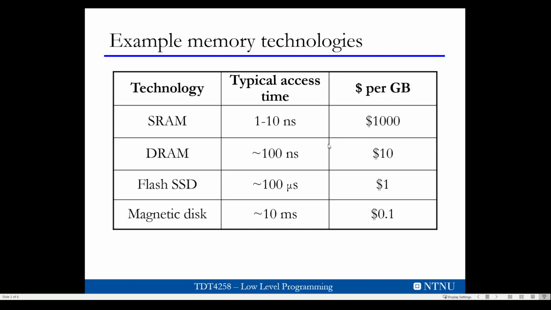So we can use some of them to give an illusion that the memory is fast, and the others to give an illusion that memory is cheap and potentially large. Okay, so which of these memory technologies do you think is used to build your main memory? And main memory is the RAM in your system. So it's the DRAM which is used as the main memory in systems these days.